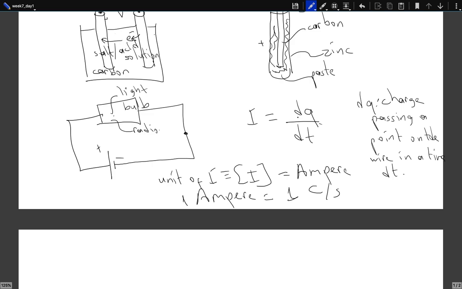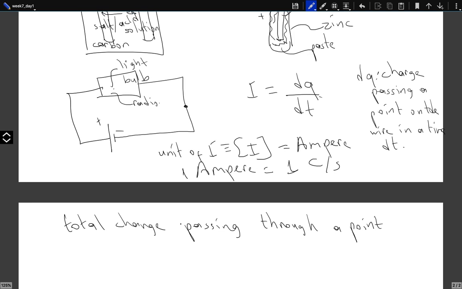Of course, we will eventually define the charge. If you want to calculate the total charge passing through a point, then we can integrate.